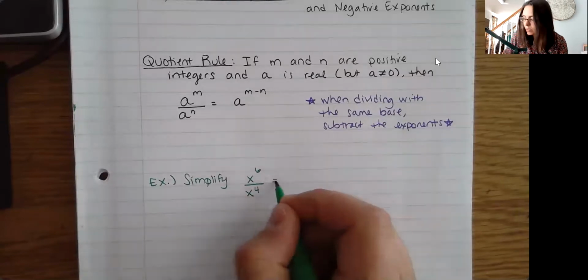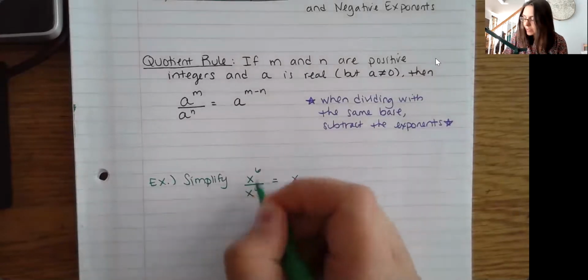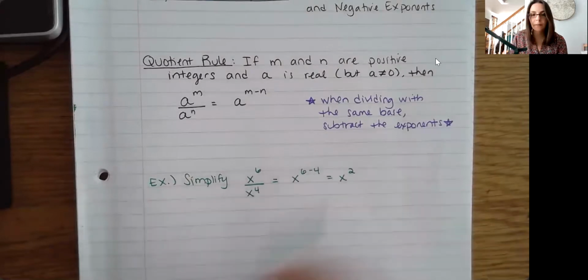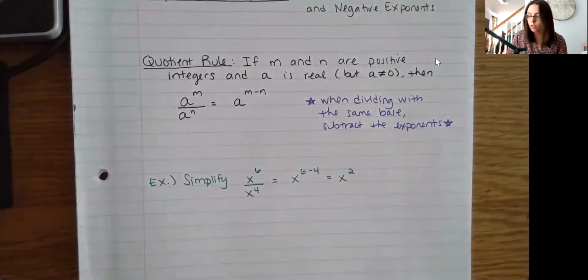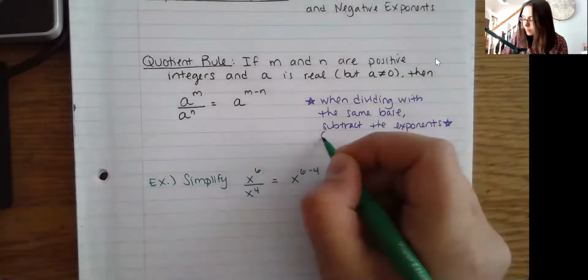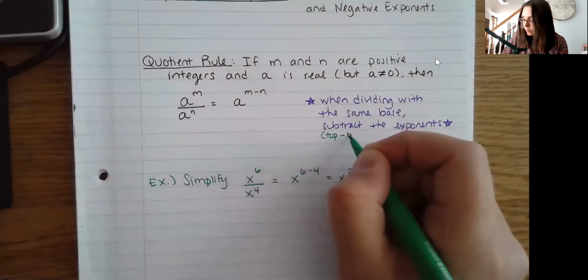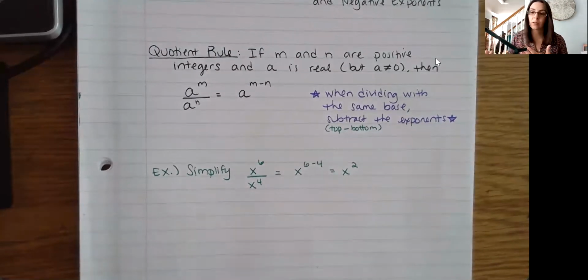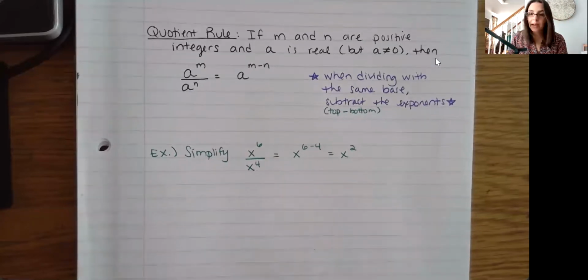So what the shortcut says is we just take our exponents and subtract them. Now it is really important when you subtract, you always do the top minus the bottom. If you do it the other way, you're going to get the wrong sign and your answer is going to be wrong. So it's really important to be careful with that subtraction and go top minus bottom. And I'll show you why it actually works.